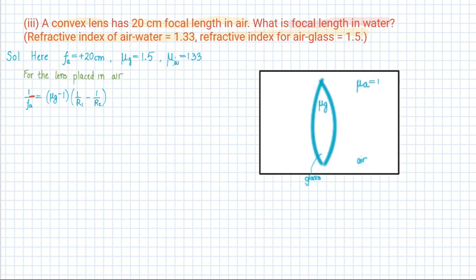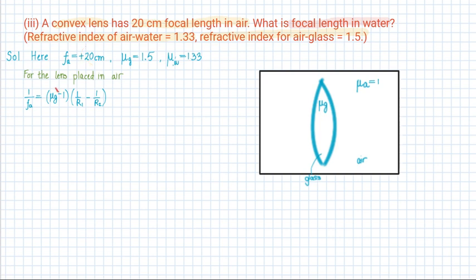This is the focal length of this convex lens. Mu g is the refractive index of this convex lens. Apart from this one, R1 and R2 are the radii of curvature of this convex lens. Now here you know the focal length of this convex lens when it is placed in air, which is around how much? 20 centimeter.